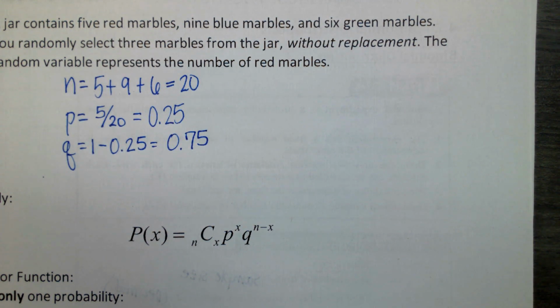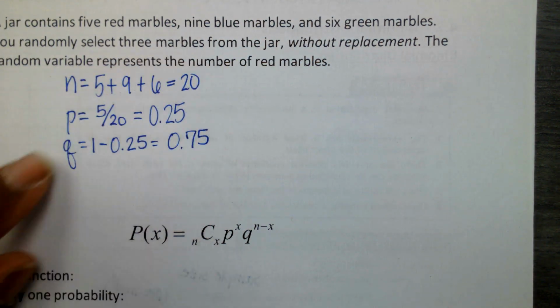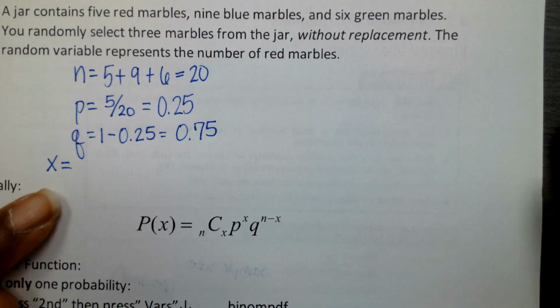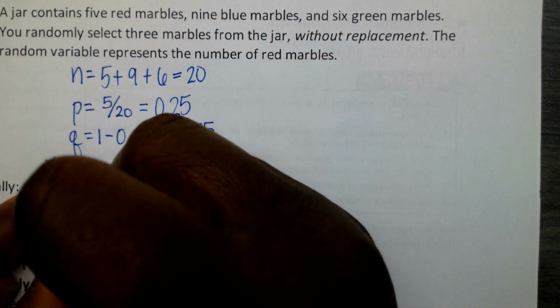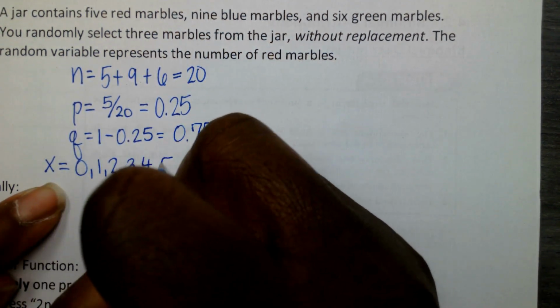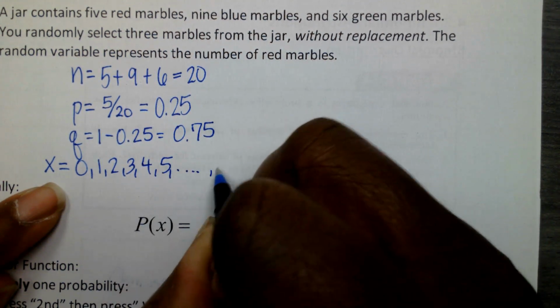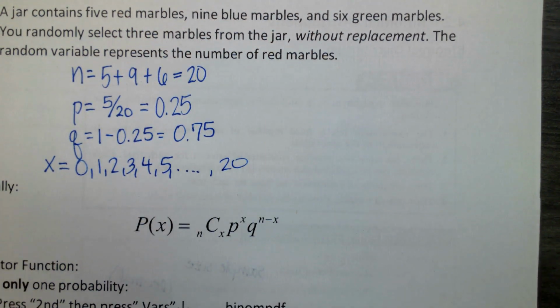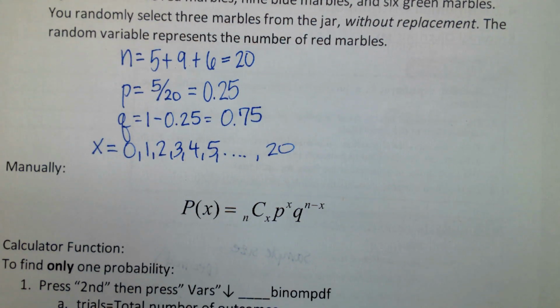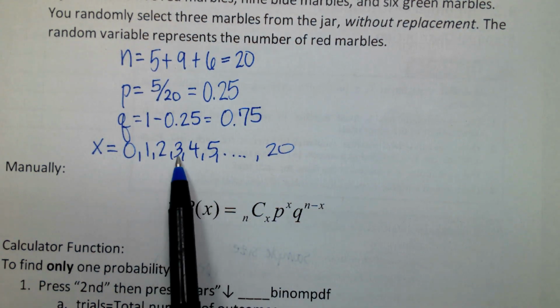So here's the issue. When we look at the X, it says you randomly select 3 marbles from the jar. So, out of all of our possibilities, 0, 1, 2, 3, 4, 5, I'm not going to write all those all the way to 20. They want to pick 3 marbles from the jar.